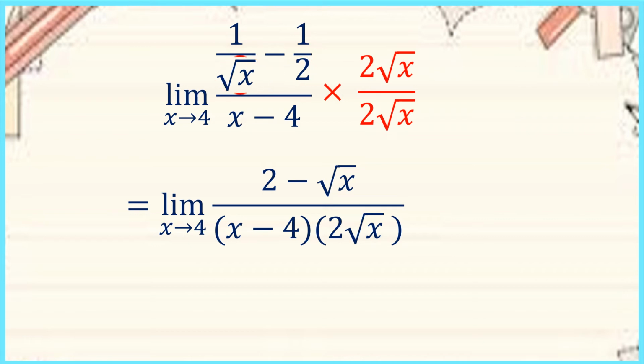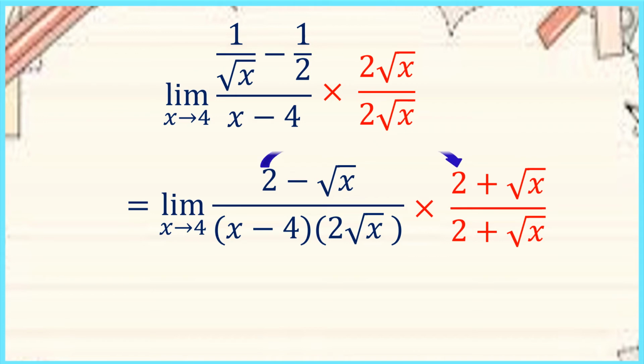So from here, we are going to multiply it again by the conjugate of the numerator, which is equal to 2 plus square root of x. So we will be multiplying the whole fraction by 2 plus square root of x over 2 plus square root of x. The result is, when we multiply 2 times 2, it is 4, and minus square root of x times square root of x, it is minus x.